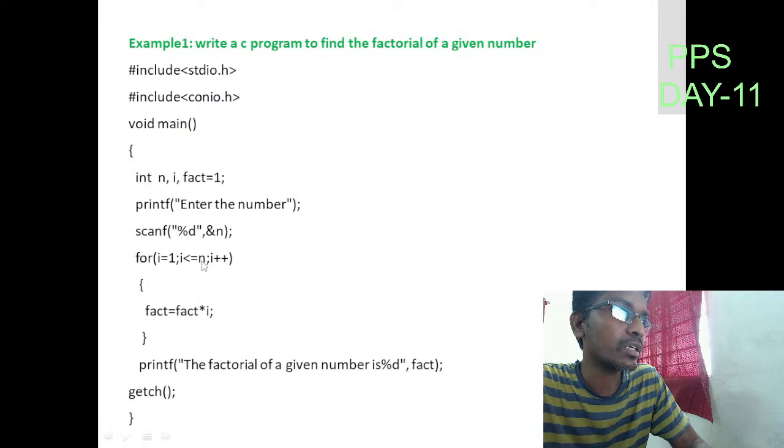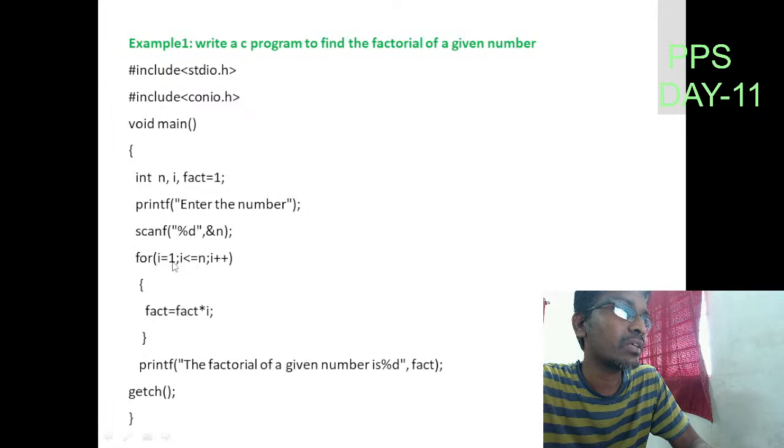So 4 less than or equal to 5, again it is true, so it executes the block of statements. The previous value is 6, so 6 into 4 is equal to 24. Again the i value is incremented by 1, then 5 less than or equal to 5 is true, so it computes 24 into 5, that is equal to 120. Again i is incremented by 1, so 6 less than or equal to 5.